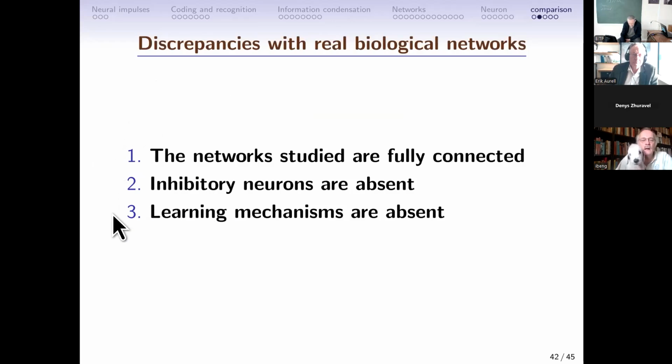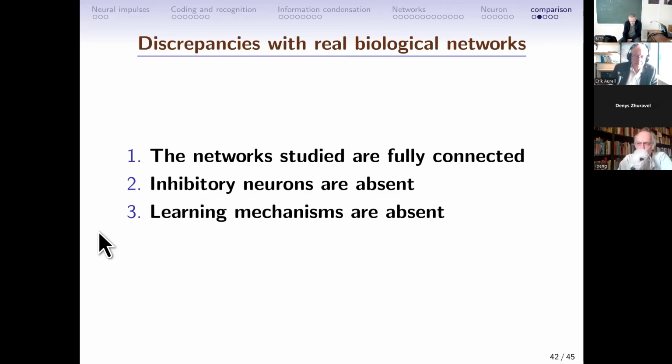So we have modeled, we have simulated some reverberating spike neural networks with delayed interneuronal communication. And of course, they are rather different from the real biophysical neural networks.